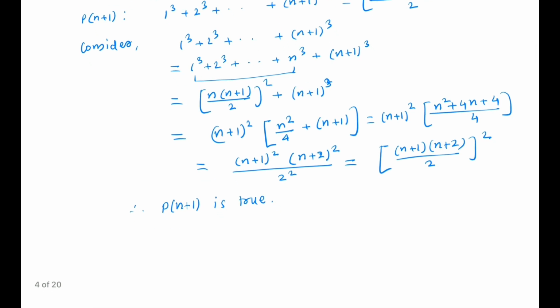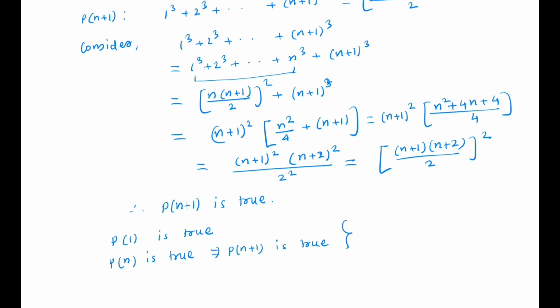So what we get so far? P1 is true, and if we assume that Pn is true, then that will imply P of n plus 1 is true.